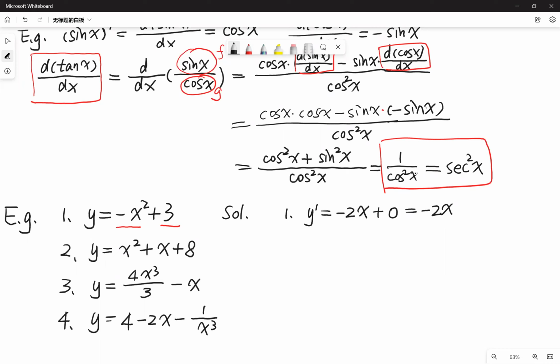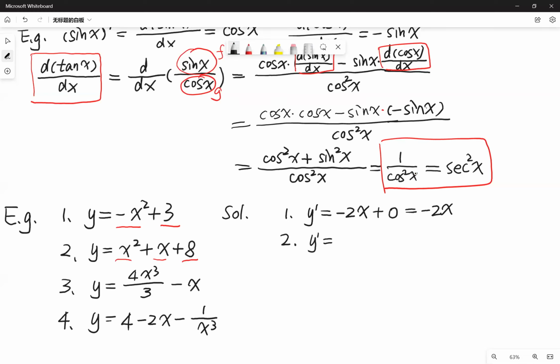Yeah, the first one, you get the right answer here. In question 2, we also use the sum rule, right? Calculate the derivative of them part by part.